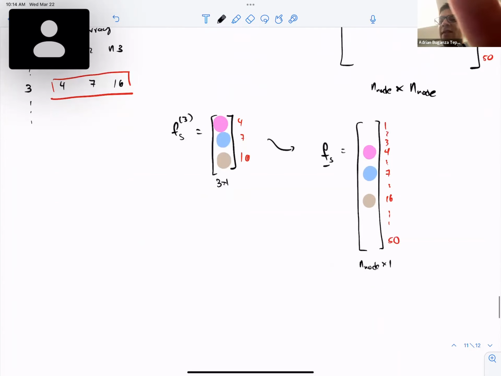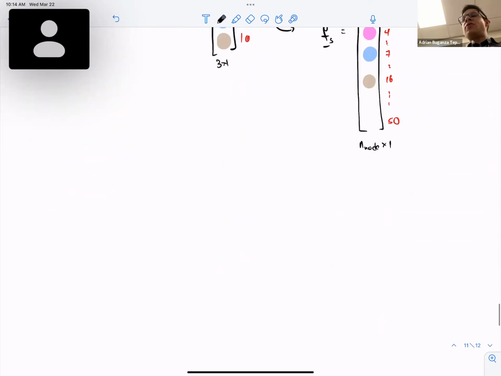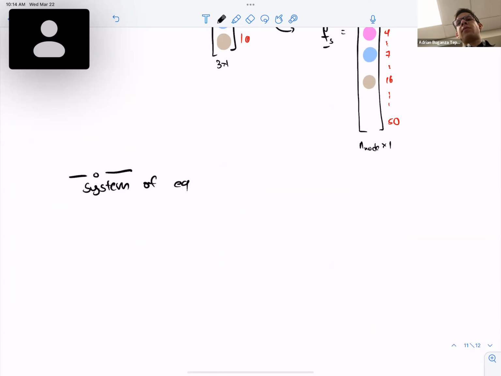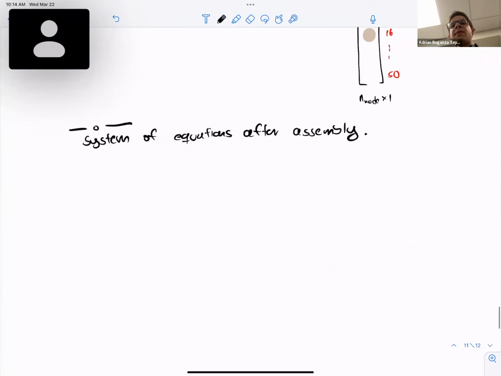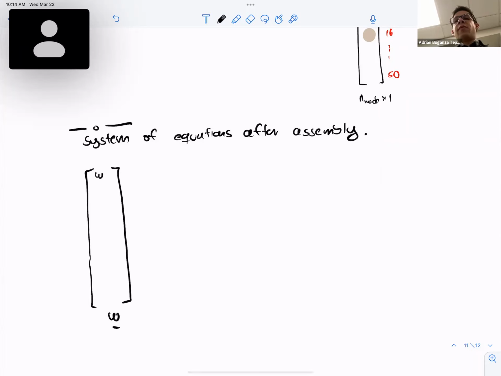All right, so let's wrap it up. Once you do the assembly, you actually get a system of equations. You're going to get a vector of W's with all the W's from 1 to however many there are, like 50, for example. This is the size of the number of nodes.